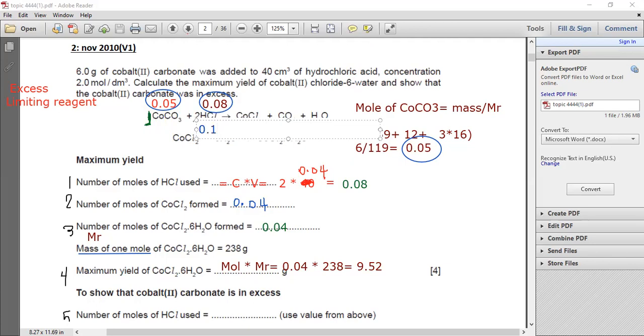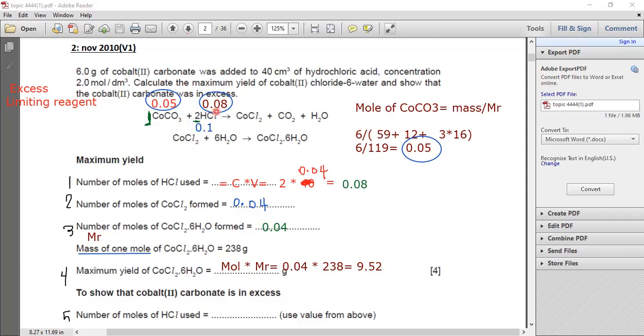Is it more or less than 0.1? Less. So this is the limiting reagent, because according to the molar ratio I have to use 0.1 from HCl, but actually I took 0.08, not 0.1. I took less. Got it?